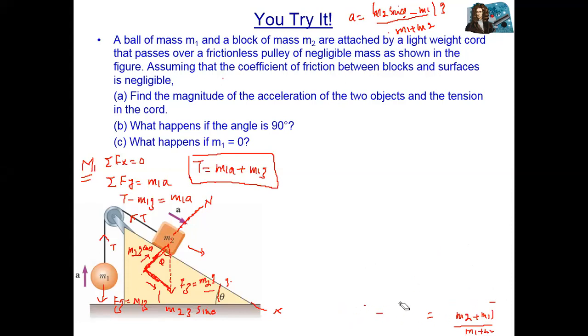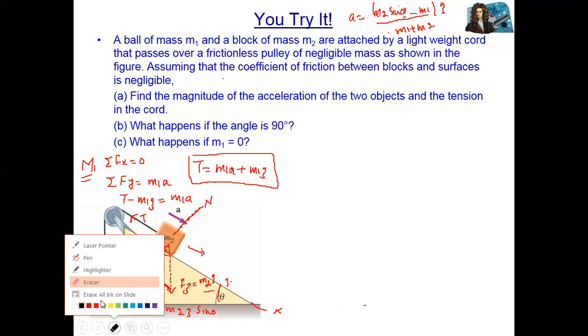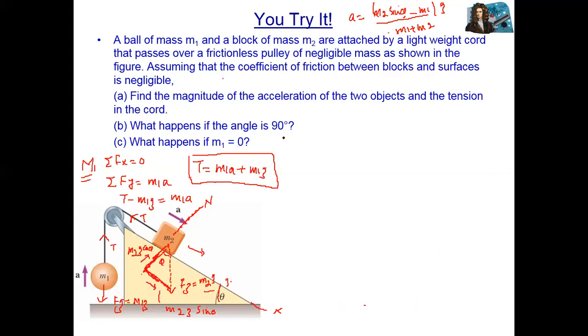Okay, replacing the A value. We have tension is equal to M1A plus M2G, M1G. To replace A, so we have tension is equal to M1.